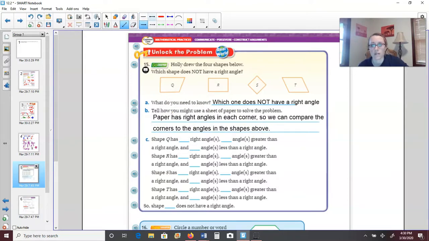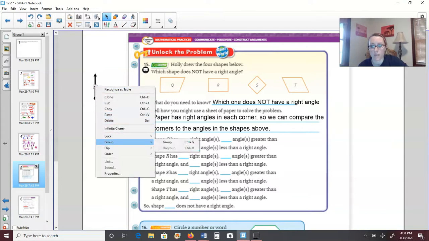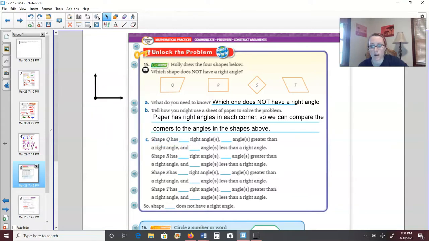Well, let's see if I can just make my own. How about that? And we're just going to group these together. Bear with me. All right, so this makes a perfect right angle. So I'm going to use that to compare on my shapes.